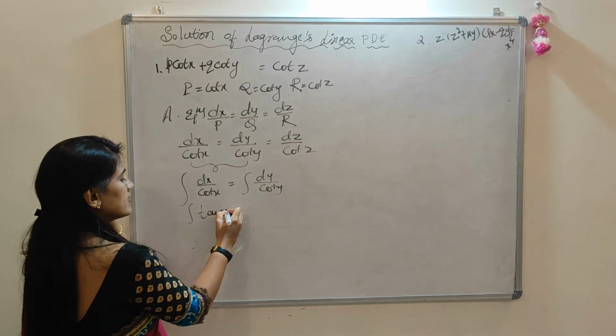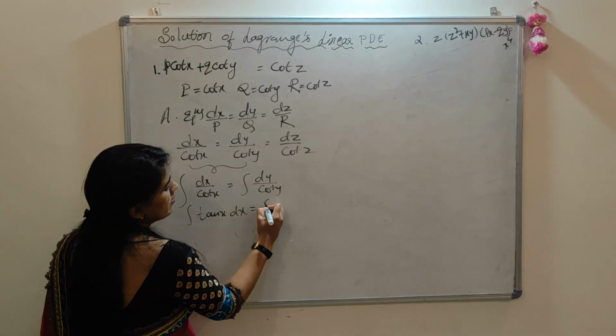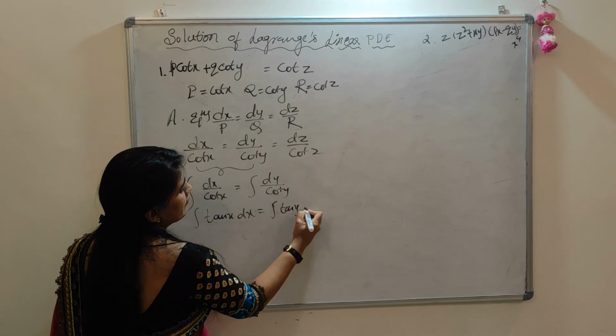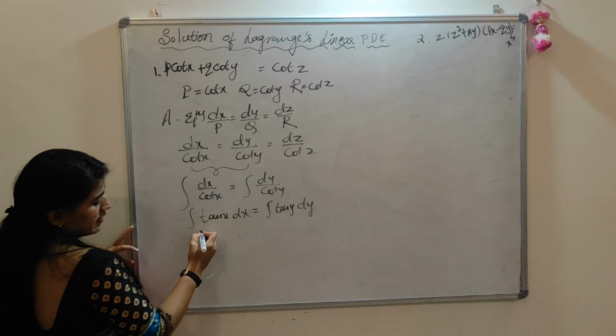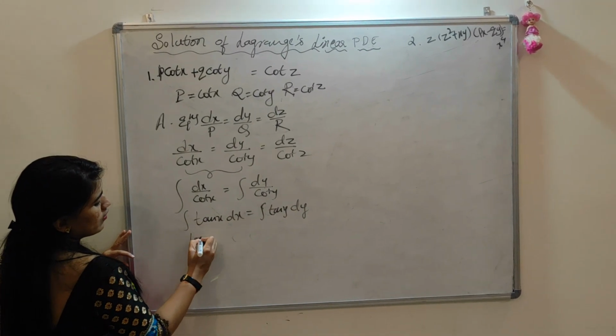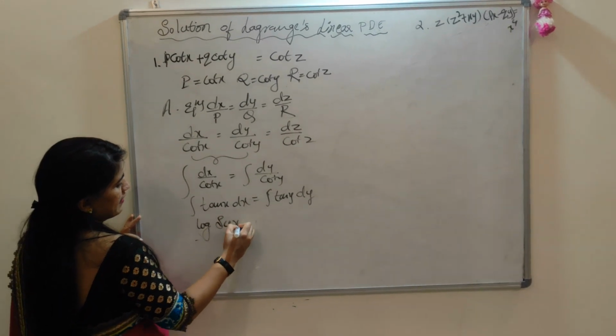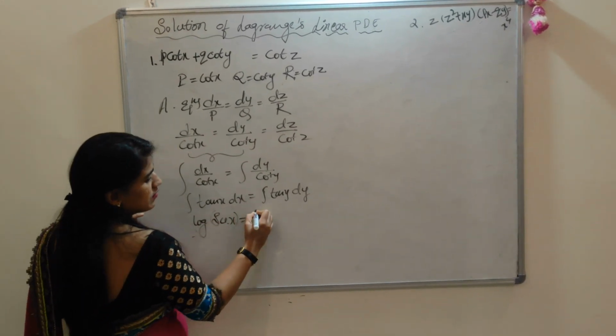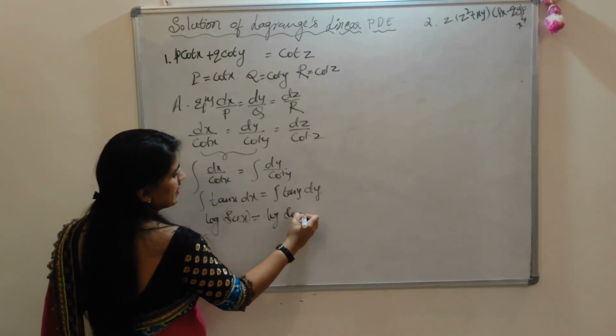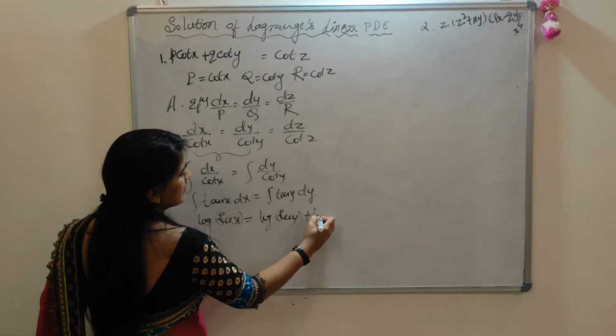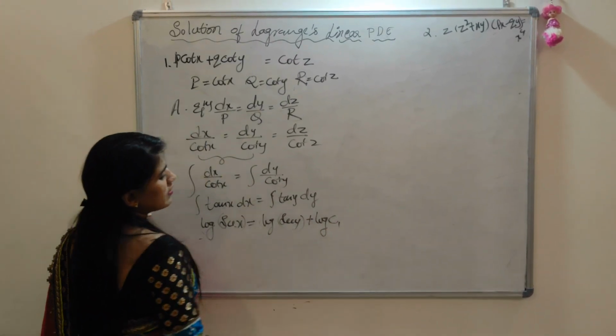So the integral of tan x dx equals the integral of tan y dy. The integration of tan x is log sec x, which equals log sec y plus a constant, and I will put the constant in terms of log only, log c1.